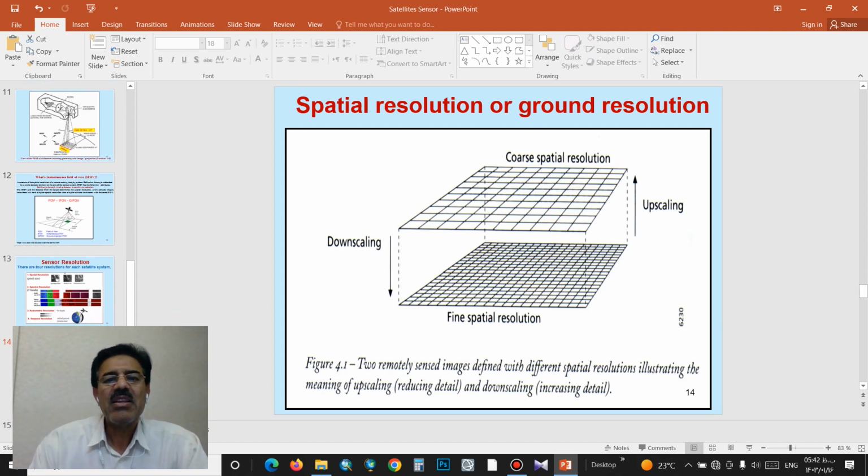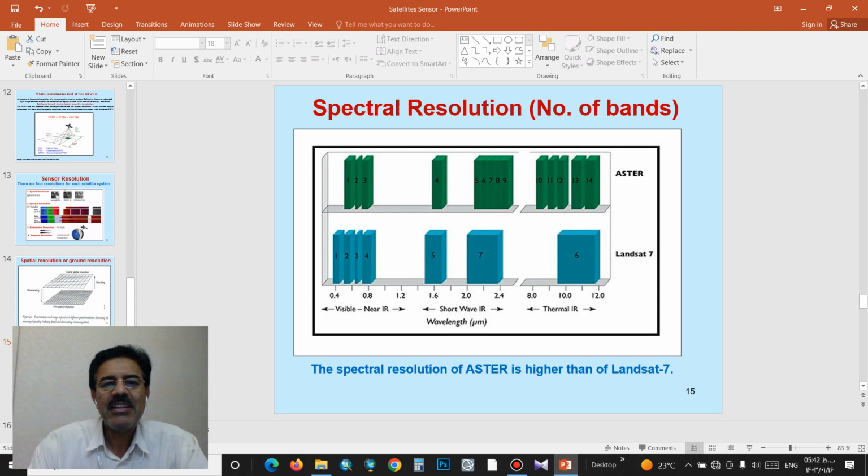But this slide, spatial resolution or ground resolution. In this slide, we can see fine spatial resolution to coarse spatial resolution. In fact, pixel size determines fine resolution or coarse spatial resolution. This slide, spectral resolution or number of bands.